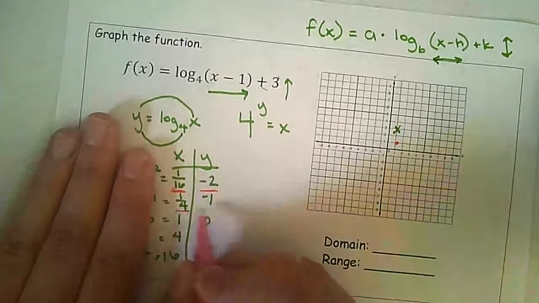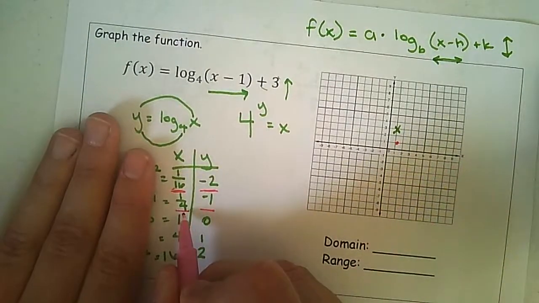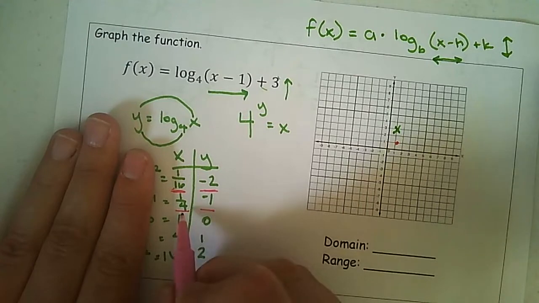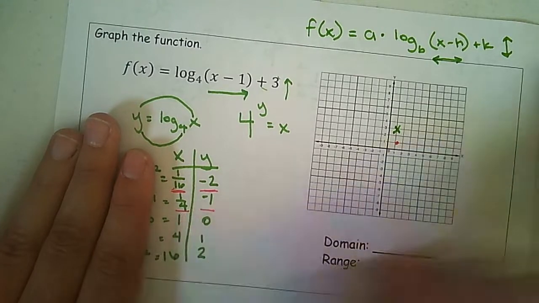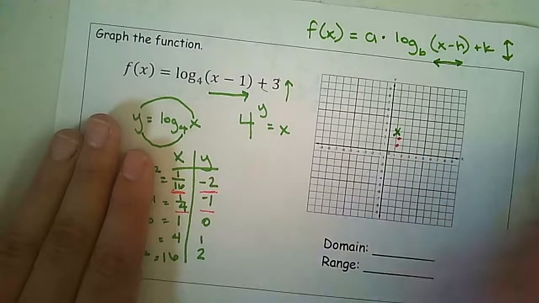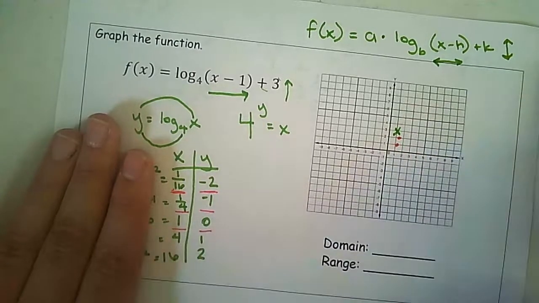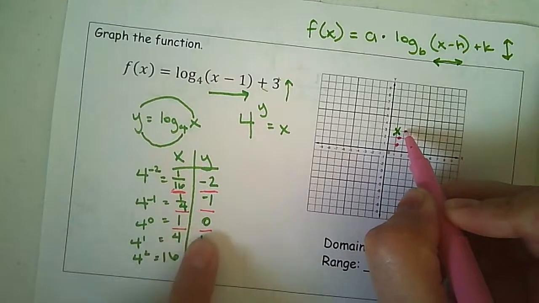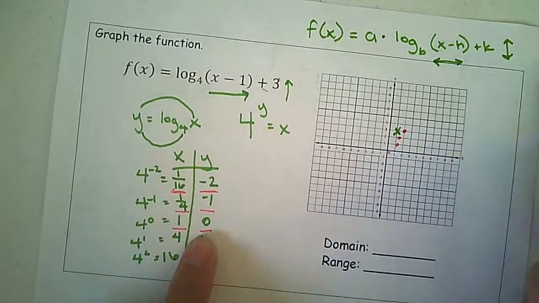All right. Same thing for this one. This one's telling me I need to go right 1/4. We're going right because it's positive, and down 1 because it's negative. So from my new origin, from my x, I need to go right 1/4, down 1. This one, I'm going to go right 1, but I'm not going down or up at all.